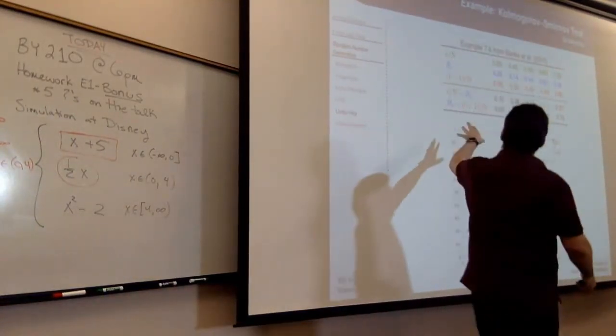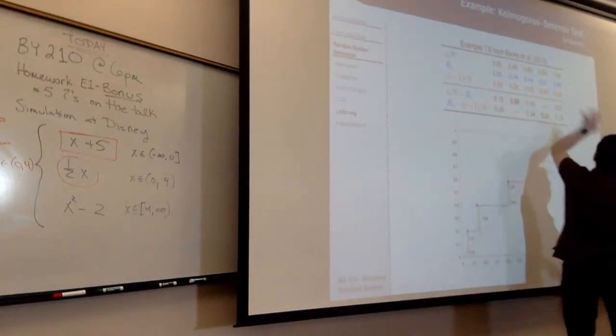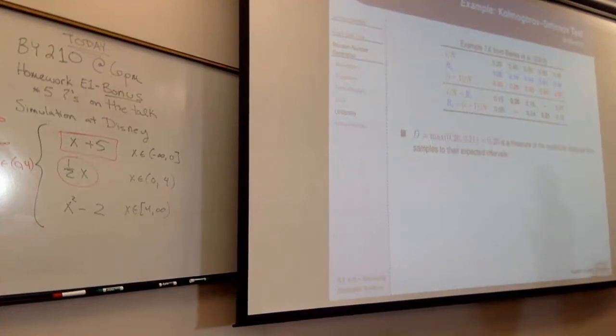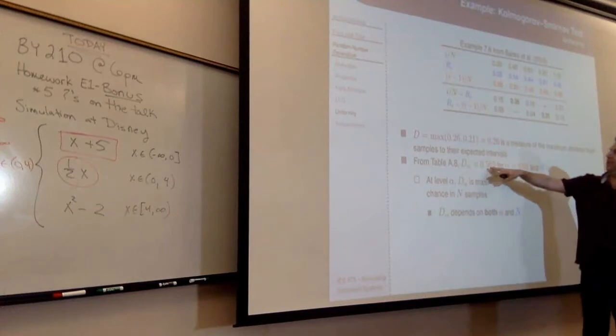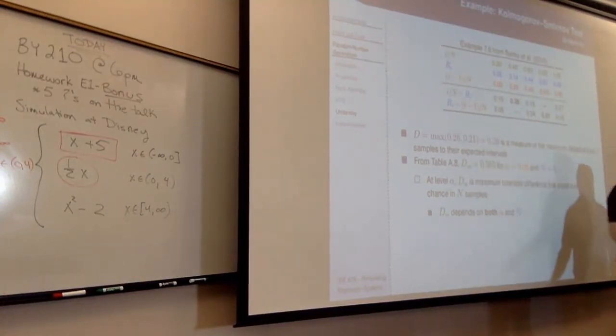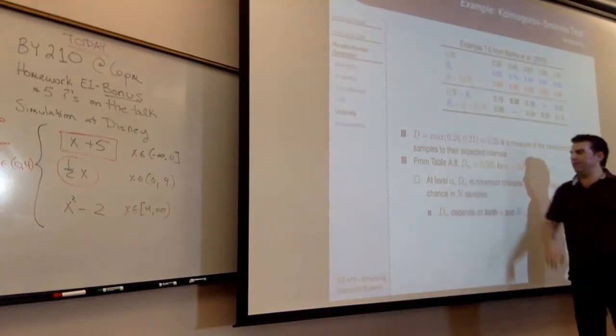And then you bring together the largest of the largest differences, and that becomes your D statistic, which you compare to table 8.5, and you look up, and in this case, the degrees of freedom are the actual number of data. And then the alpha is the alpha that I give you, so at 0.05.